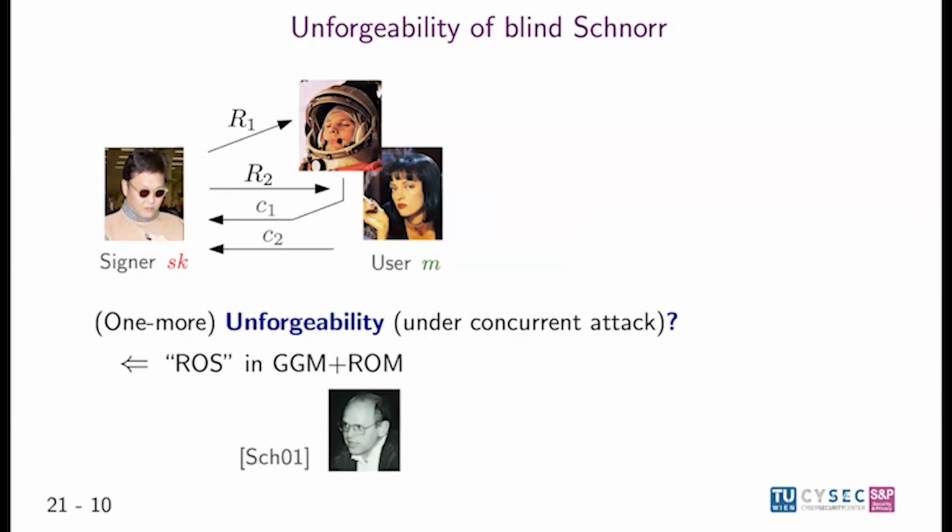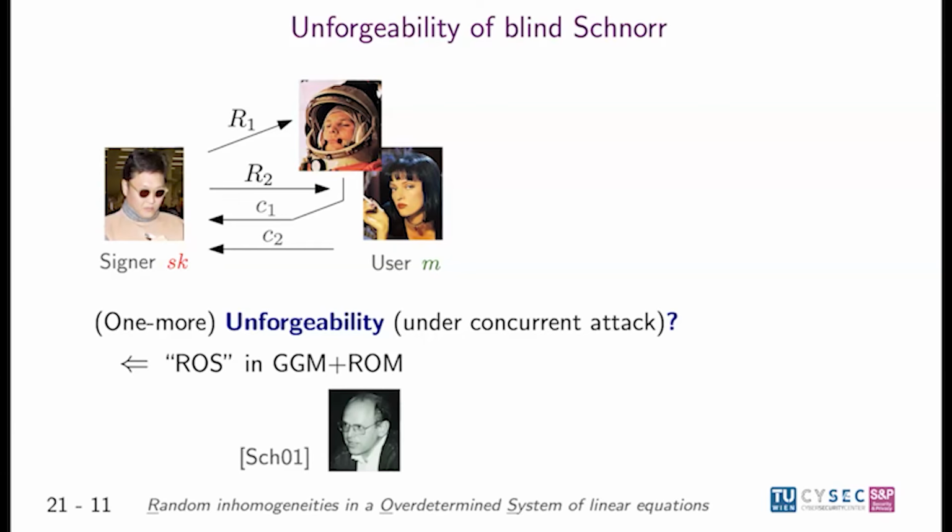So what we know about concurrent security of blind Schnorr is Schnorr himself showed that if the so-called ROS problem, which stands for random inhomogeneities in an overdetermined system of linear equations, is hard, then Schnorr signatures are secure in the generic group model and the random oracle model.